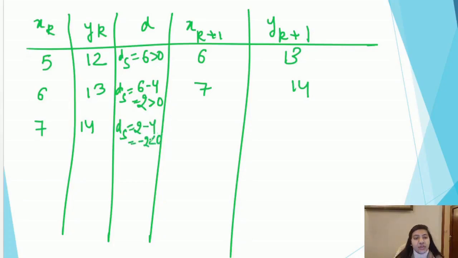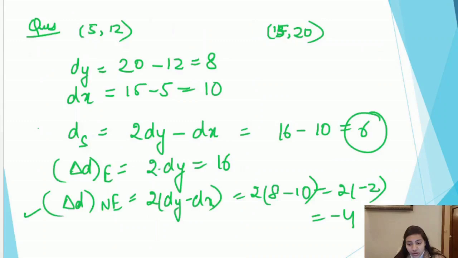Whenever the value of d comes out to be less than 0, in that case we will be choosing the east pixel. In the east pixel, only your x value will be incremented and y will remain as it is. So x becomes 8 and y stays 14. Now 8, 14. Again, the original d is minus 2. Since we have chosen the east pixel, we have to see the change in d with respect to east, which is 16.